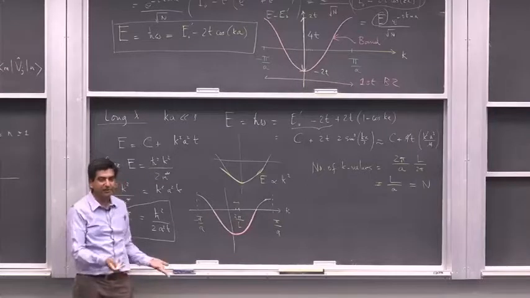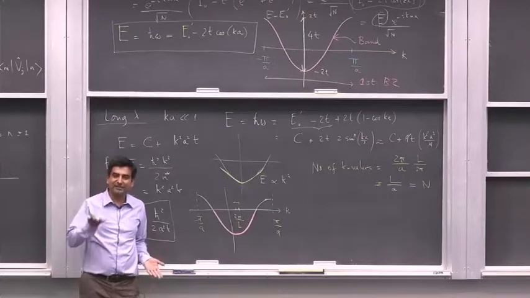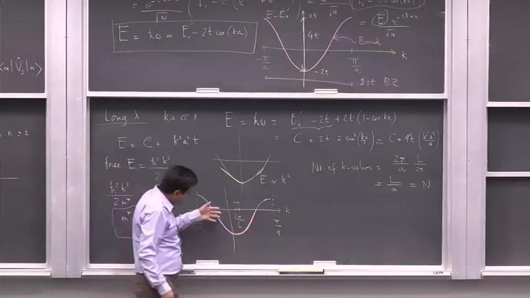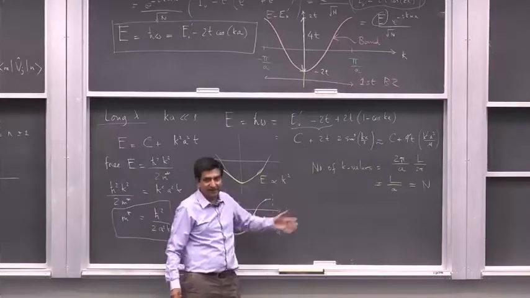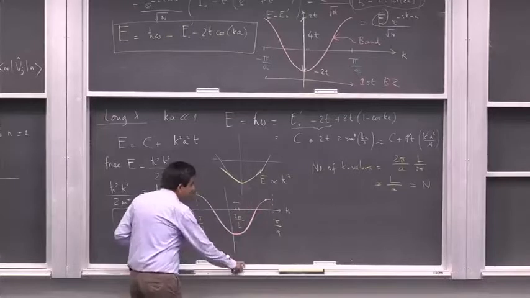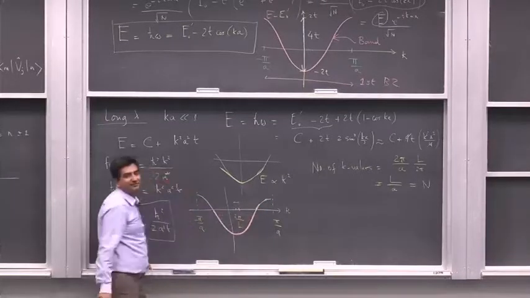Now if you apply an electric field, the electrons can increase their energy in response to the electric field. So remember, k represents a direction. If you apply an electric field in a particular direction, the electrons can go up here because this region of the band is empty.